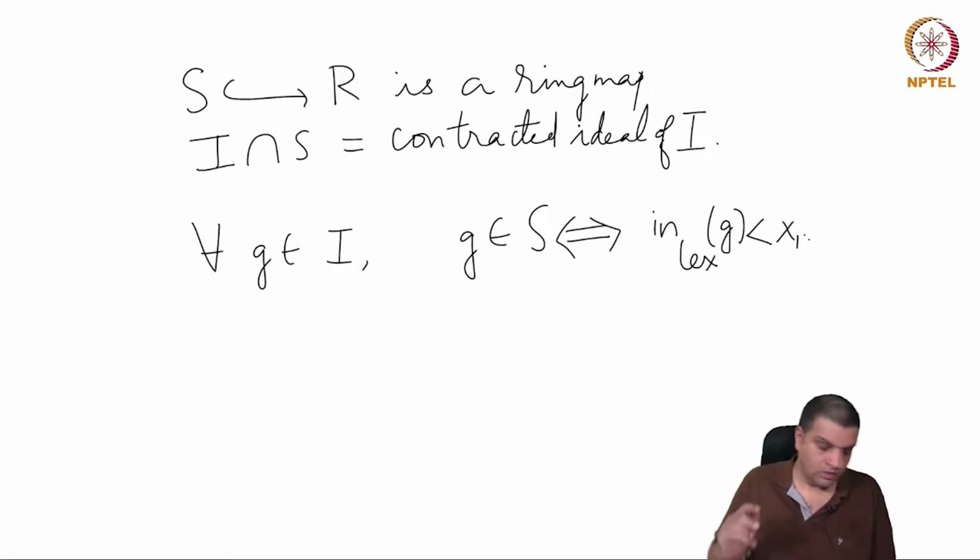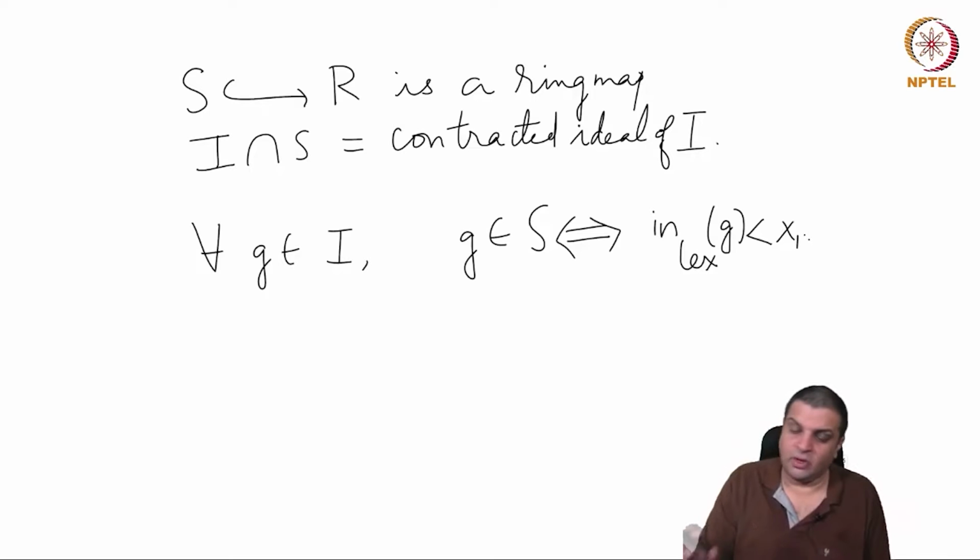This is an observation that we would like to make: if g belongs to S, then its leading initial term will not involve an x1, and that is precisely this condition that in the lexicographic order the initial term of g is less than x1. So we can use this.